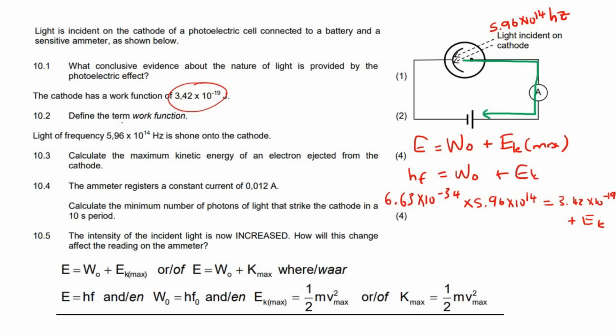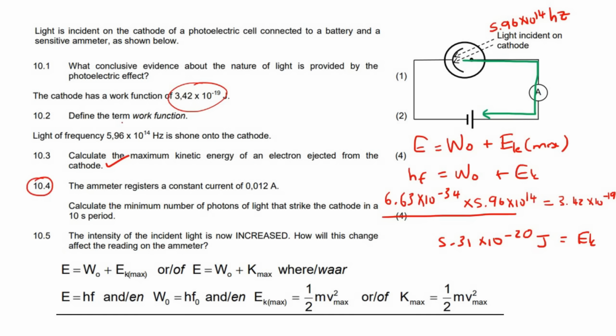Now I'm just going to type all of this on the calculator and take this to the left. We should end up with EK as 5.31 times 10 to the negative 20, and kinetic energy is a type of energy, so it's in joules. Okay, that one's done.